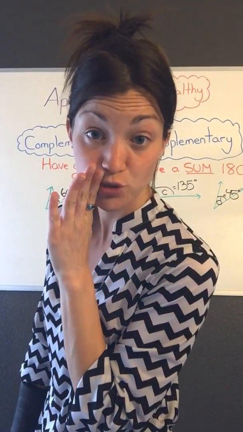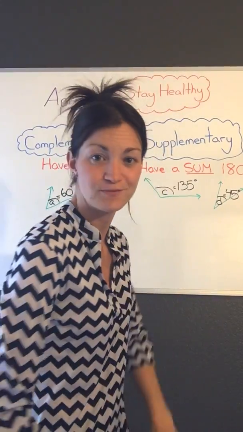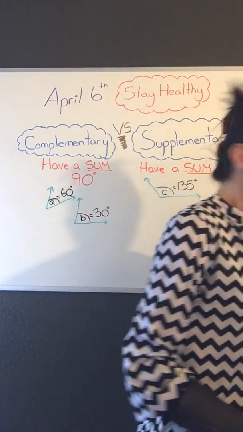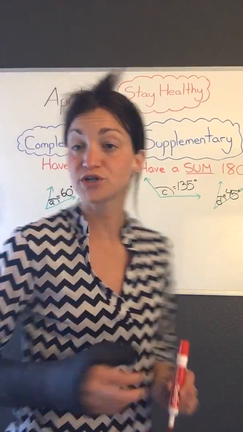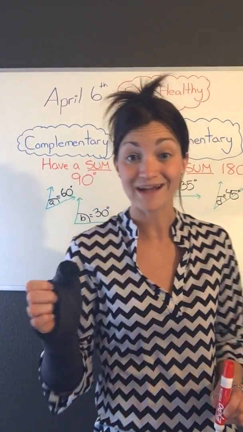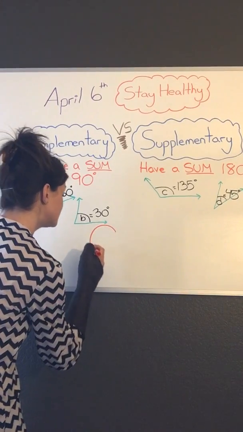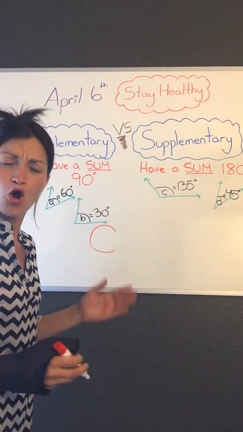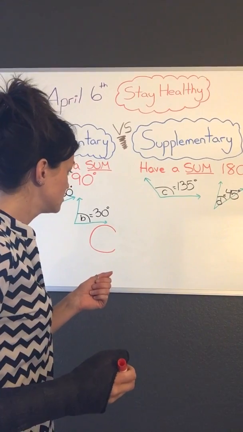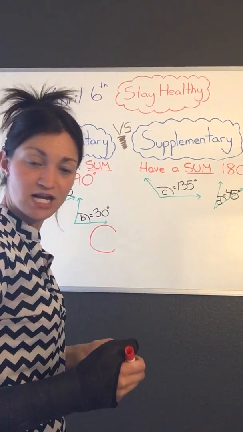Do you want to see a trick? I'll show you. I like tricks. All right, everybody. What does the word complementary start with? You are correct, C. So I'm going to ask you to make a big C. Okay? What number can we make that become?